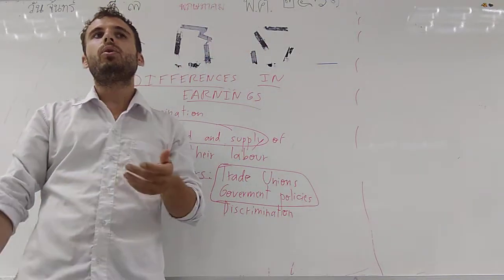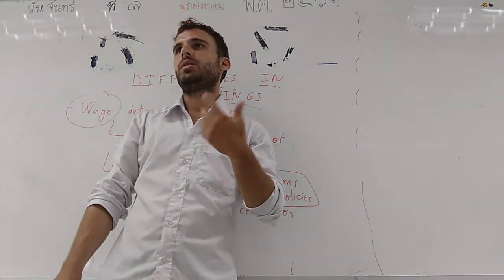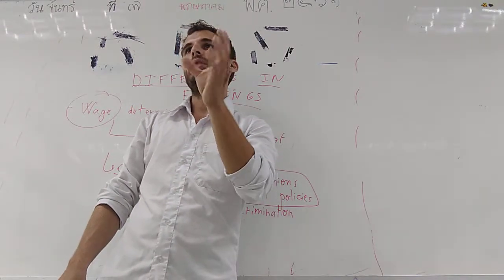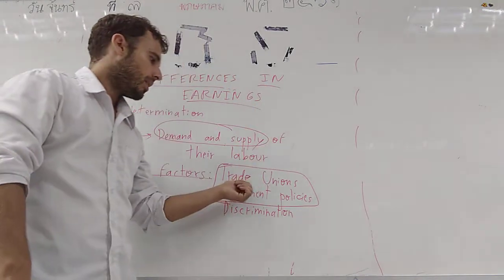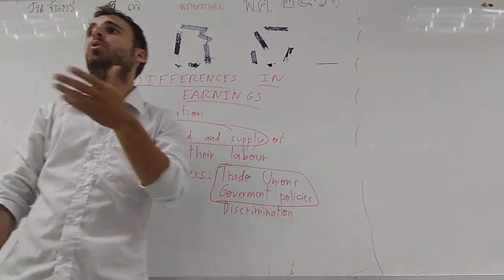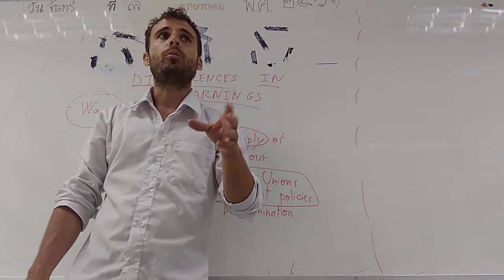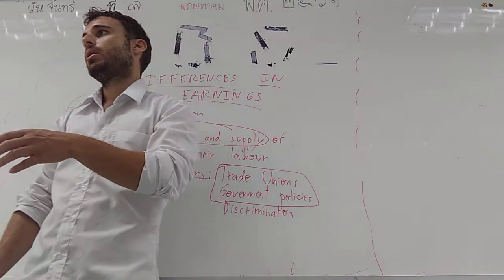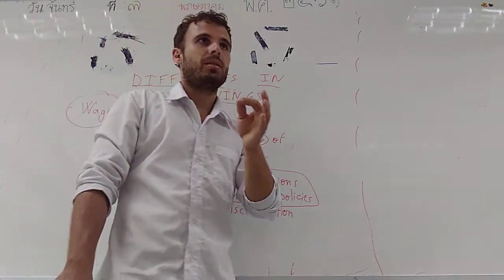So yes, we follow a market economic system, but with some differences. And this is one of them. The government can intervene in the market. Actually, in most countries in the world, the government has something to say about salaries because it's a very sensitive topic.